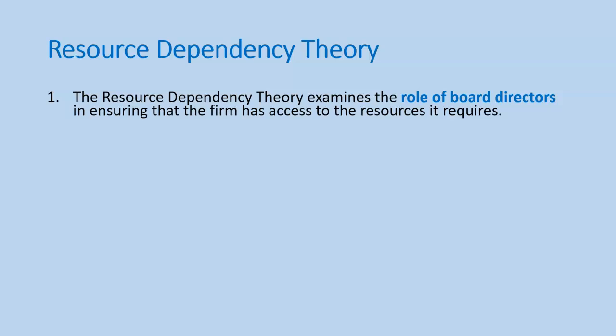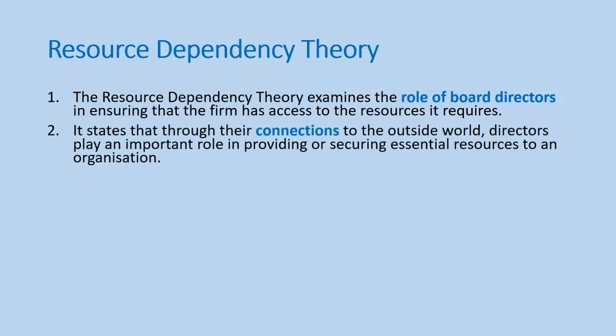Then comes resource dependency theory. Resource dependency theory examines the role of the board of directors in ensuring that the firm has access to the resources it requires, because resource allocation comes from the director level. It states that through their connections to the outside world, directors play an important role in providing or securing essential resources to an organization.